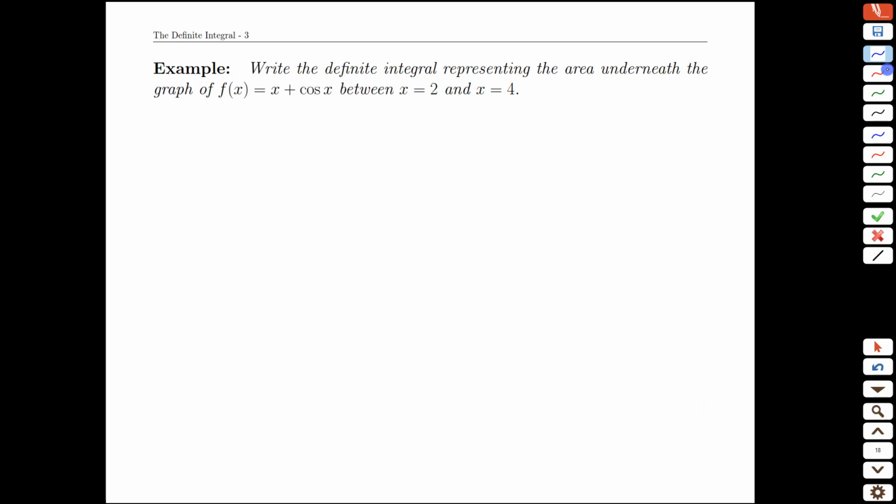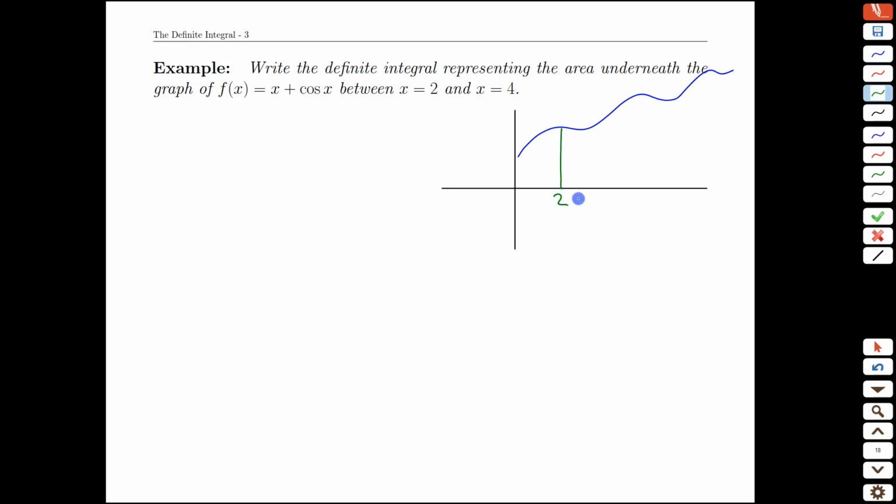What this notation allows us to do is very quickly write down what we mean by the area underneath a graph. So imagine we've got a graph defined by f of x as x plus cos of x. I'm not sure quite what that looks like, but oscillations plus going up. And we want to capture that between x equals 2 and 4. Fair enough, that's a certain area underneath a graph.